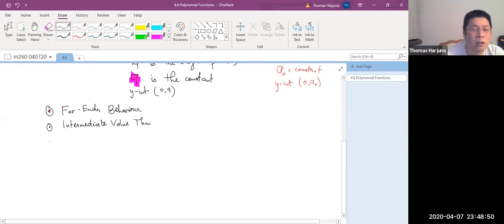And the third one is graphing factored polynomials. Let's do these three first, and then after that we do more.